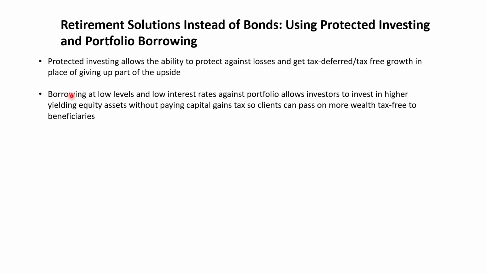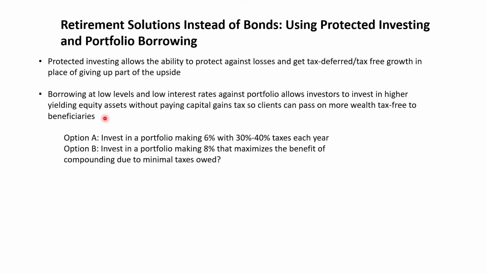So the next thing we'll be talking about is why borrowing at low levels and at low interest rates against your portfolio allows investors the ability to invest in higher yielding equity assets without paying large amounts of taxes, which then allows clients the ability to pass on more wealth tax-free to beneficiaries. So I'm just going to use a quick example. Again, we'll dive into this more later on in the presentation.